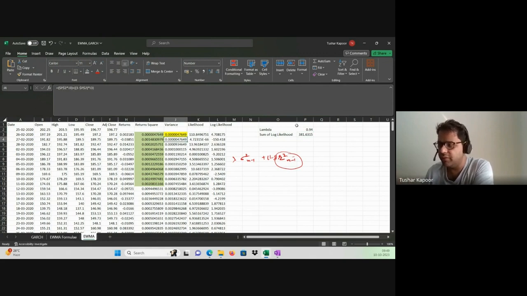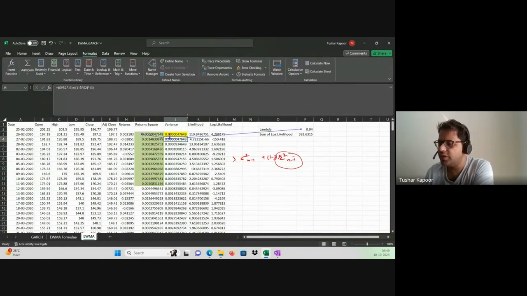Now, when you have the lambda, it is lambda multiplied by the variance for the last day, which is P2 multiplied by J3.